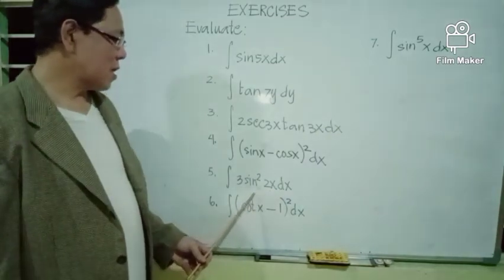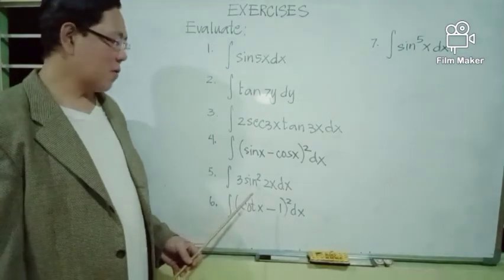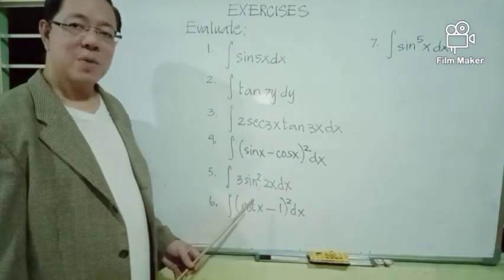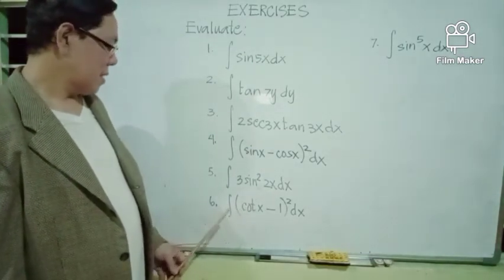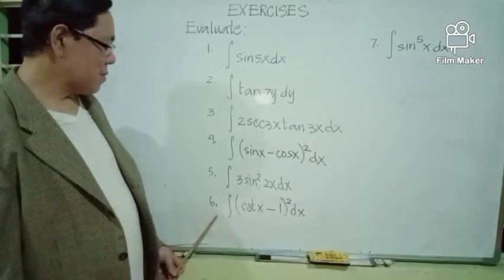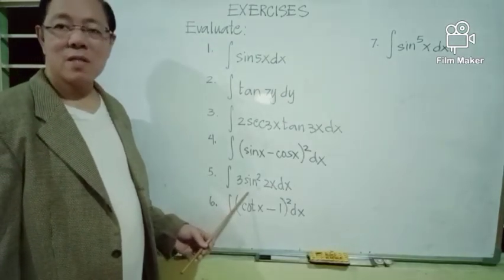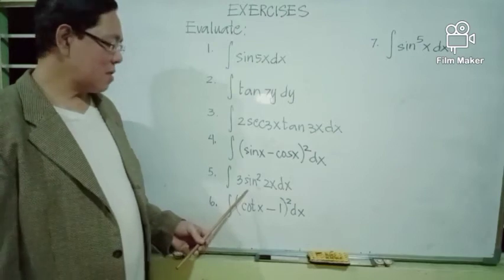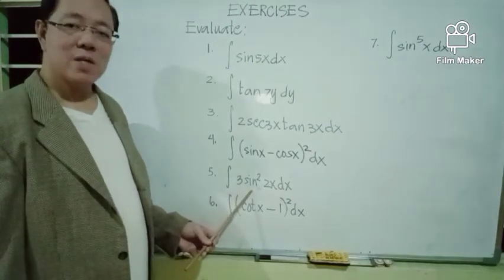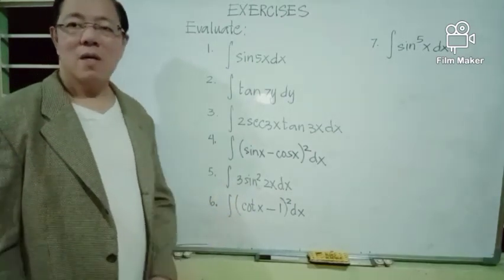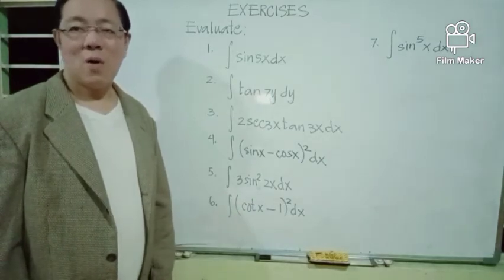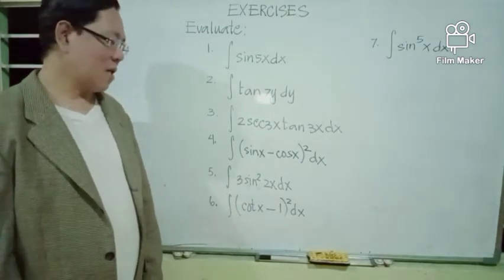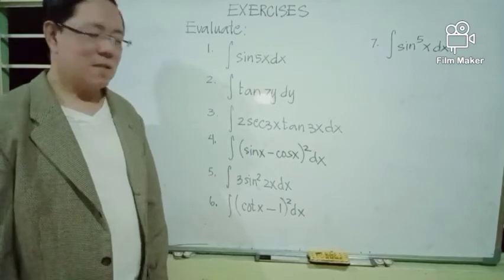And you will use a trigonometric identity for sine squared. In number 5, in particular, the trigonometric identity that you will use for sine squared is the one that involves the cosine of twice an angle.